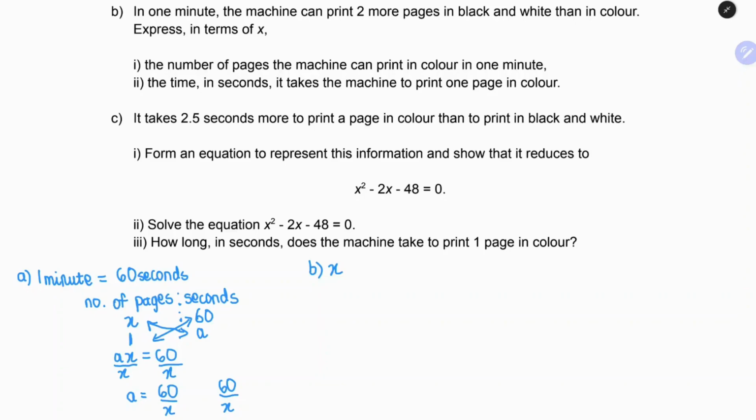That's the first step. We already know that when we print in color, the machine is going to print fewer pages, because in black and white it prints 2 more pages than in color.